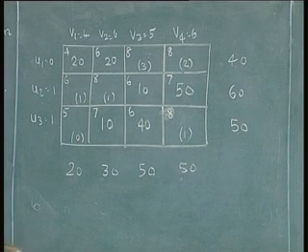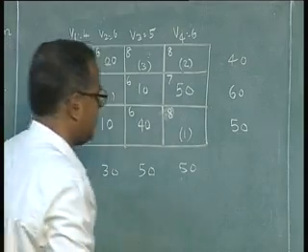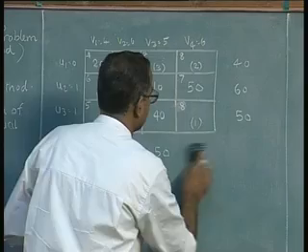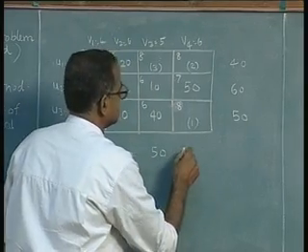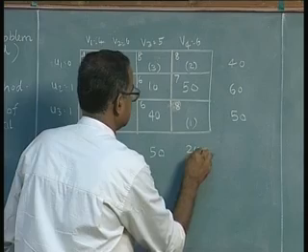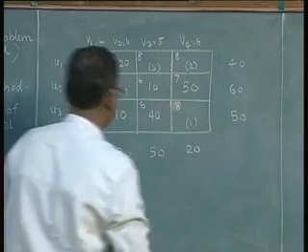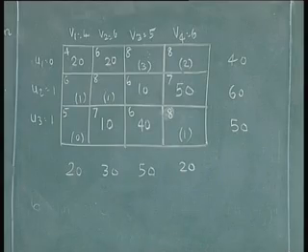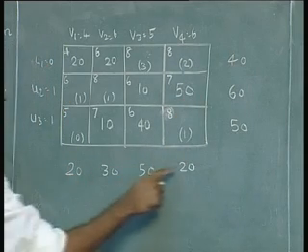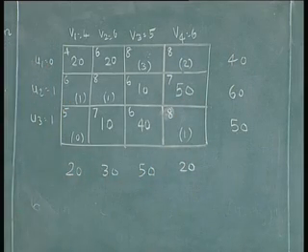We could also have different kinds of situations that have to be modeled. For example, if we have an unbalanced problem, say this problem is unbalanced because total supply is 150, total requirement is 120.